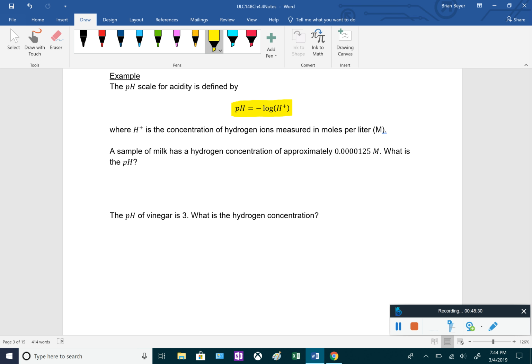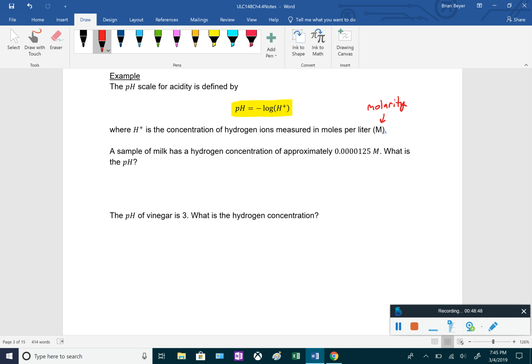That H plus is the concentration of hydrogen ions, and it's measured in moles per liter. And if I remember correctly, I'm pretty confident, the M stands for molarity. So that's why it's just capital M for moles per liter.